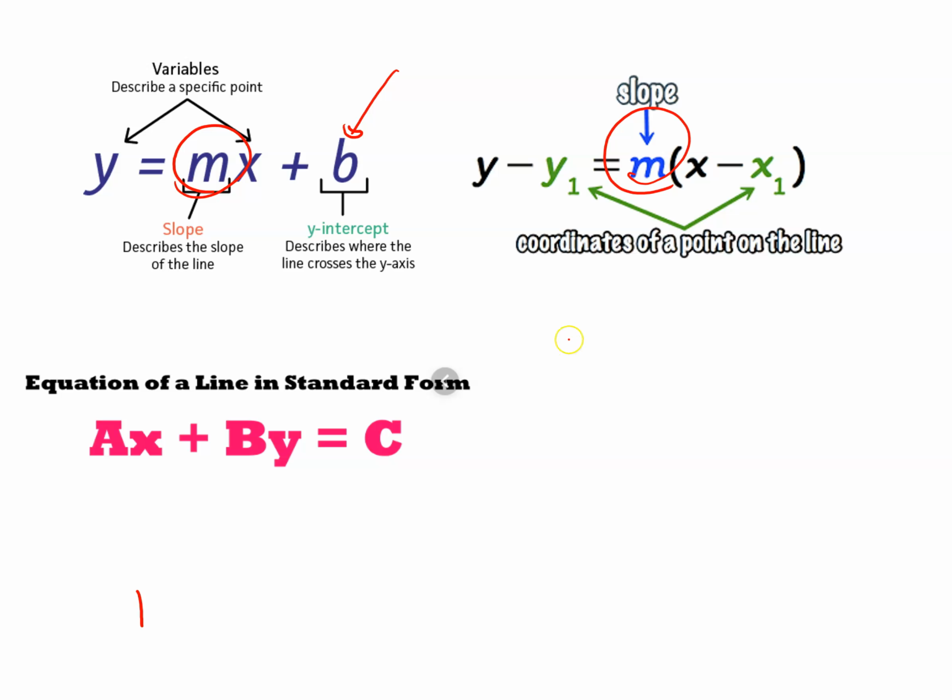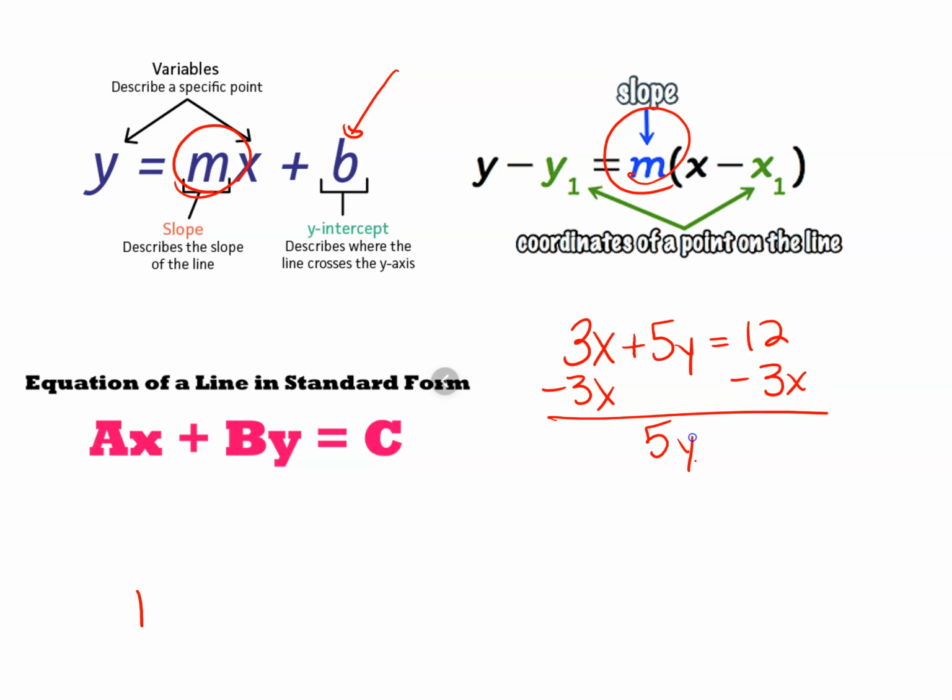So if we have 3x plus 5y equals c, I can do one of two things. I can turn this into, let me put a number here, y equals mx plus b by just solving for y. And then I would divide both sides by 5.